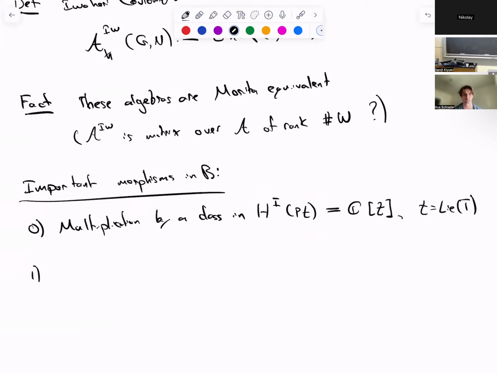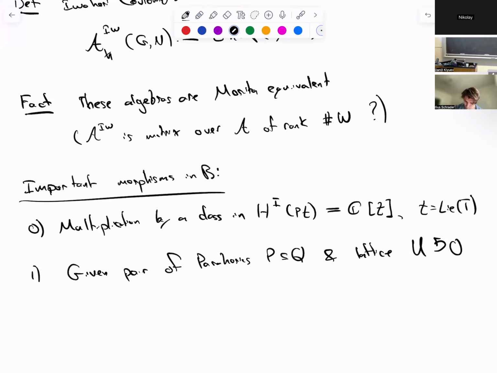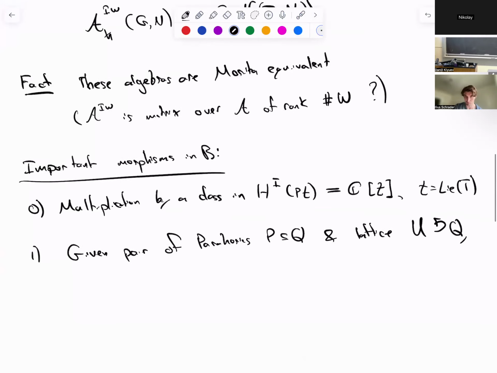Now the first non-trivial one is that you can change the pair of groups. Given a pair of groups, one sitting inside the other, and a lattice U, which is stable under the larger pair of groups, we can push forward and pull back along the diagonal inclusions.